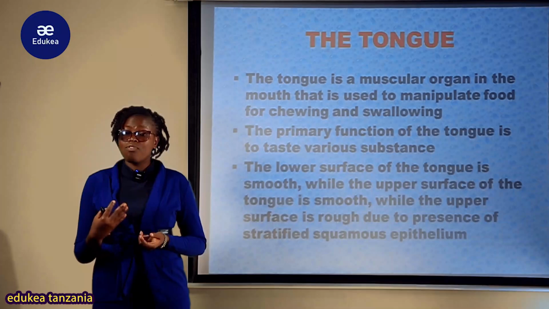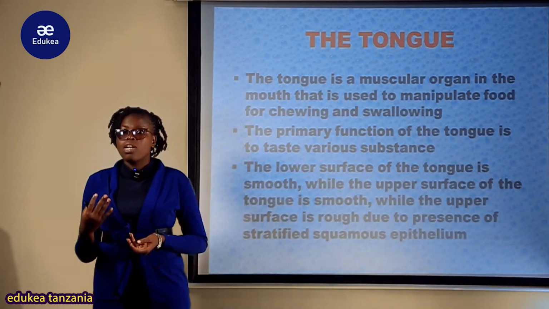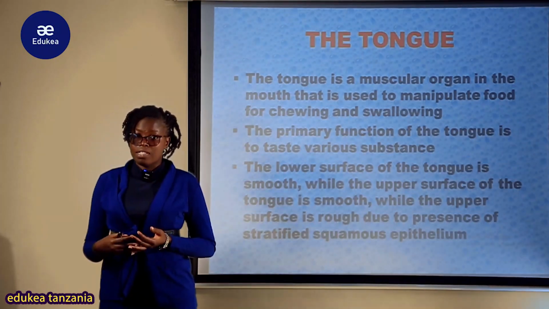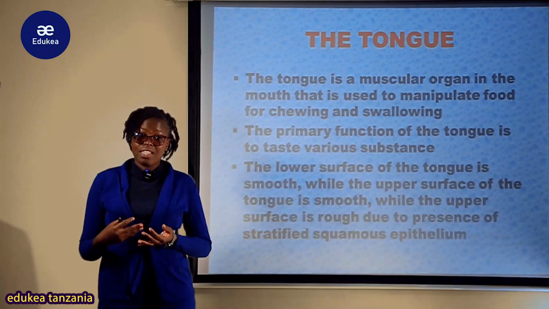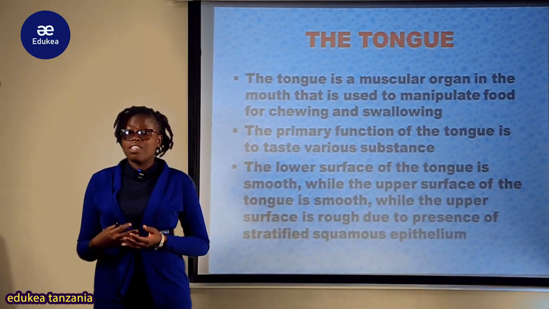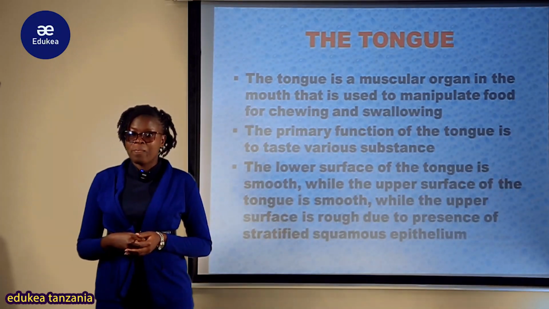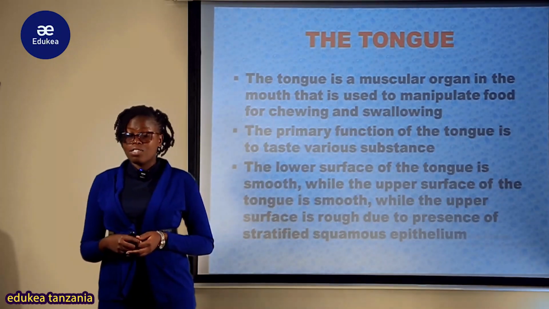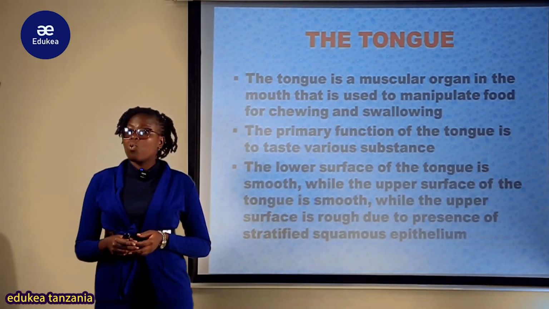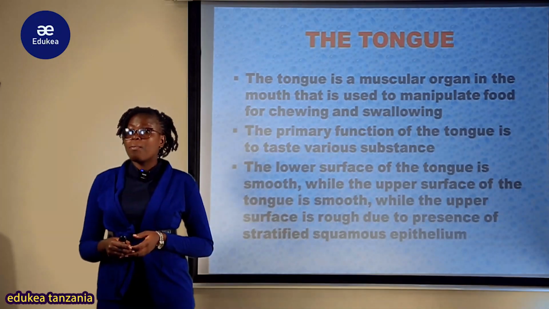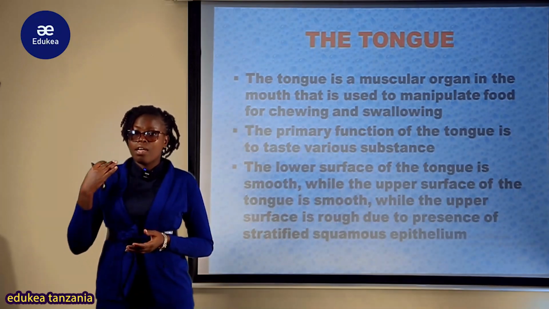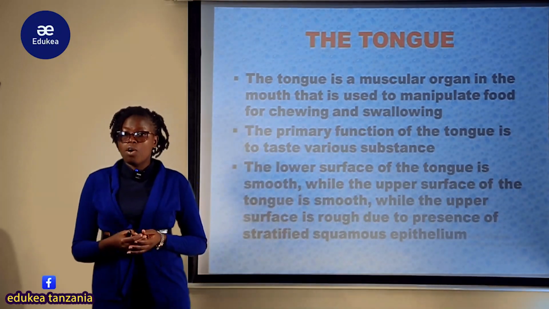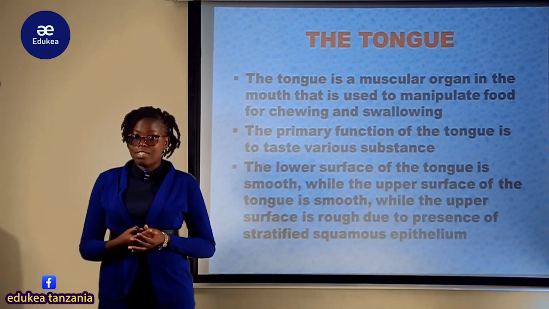So when the food is in the mouth, it is basic in nature due to the presence of salivary amylase, which digests starch into maltose. And in saliva there is also the lingual lipase enzyme, which helps in digestion of fats into fatty acids and glycerol.